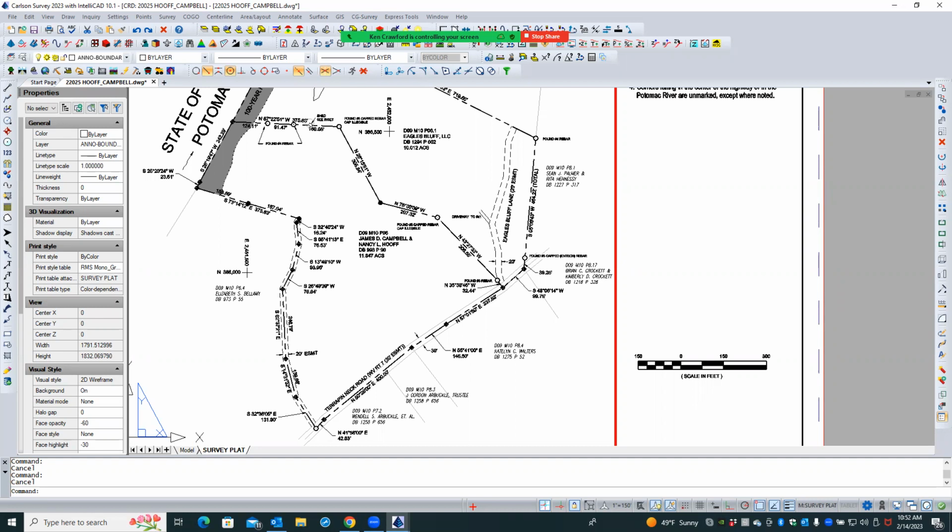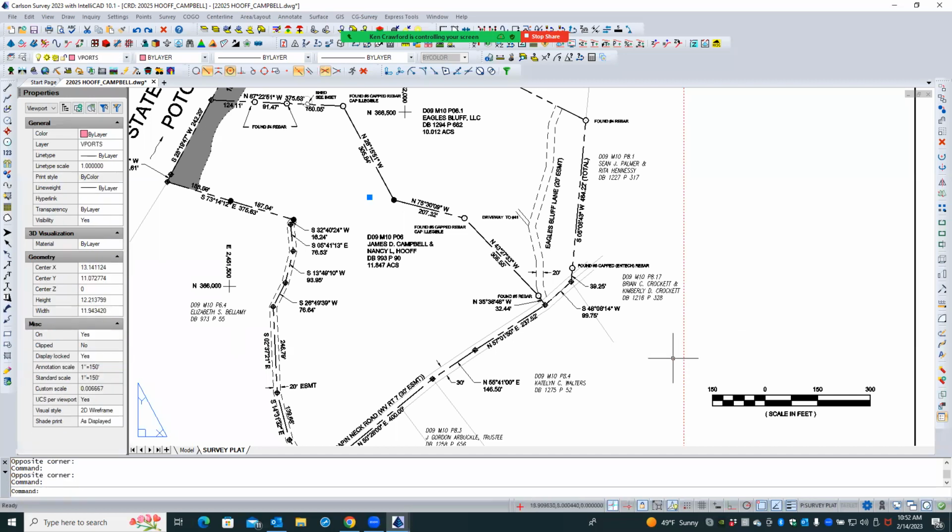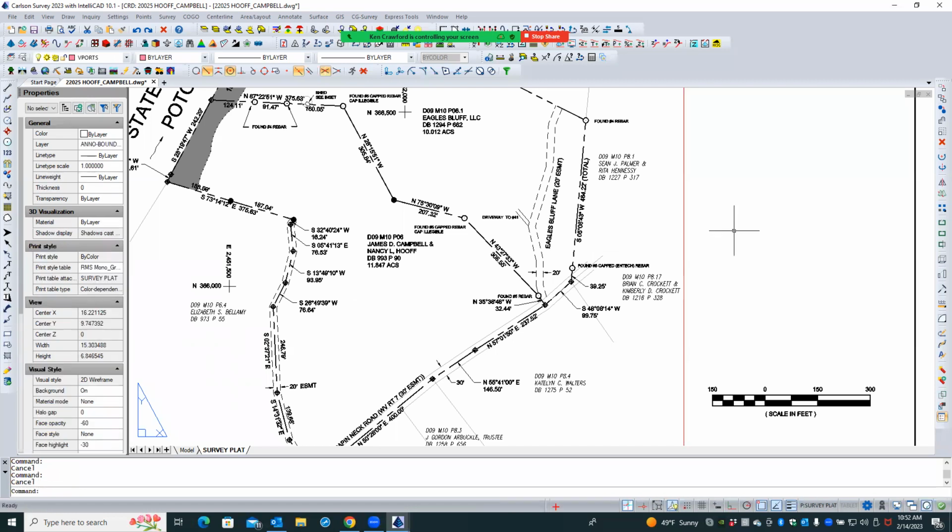But over in here, if it didn't match, and I remember, because if I look at the properties of this, yeah, see, it's back to 1 inch equals 150 feet. So that's all great. Yeah, so, well, I just don't know.